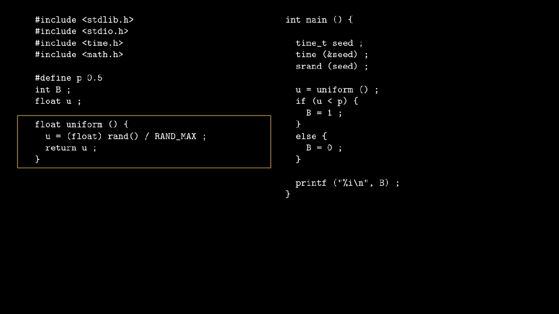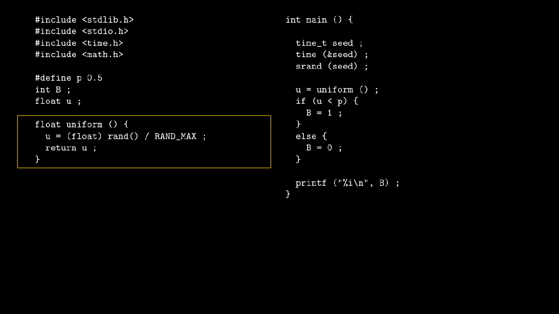And so eventually that's going to indeed produce a number chosen uniformly at random in the interval 0, 1. Then you conclude with a return u, and those 3 lines are going to be used to generate the uniform random variable in the interval 0, 1.